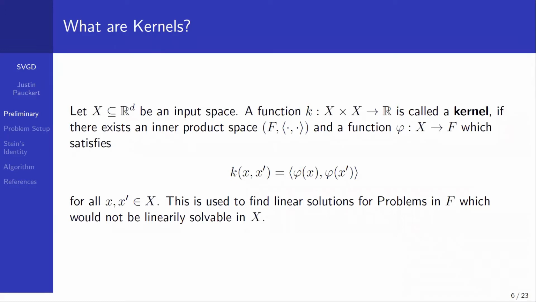Then there's simply one property that this function has to have to call it a kernel, which is that there actually exists another space, usually called feature space, in which we can express our kernel function as the inner product of these vectors, right? And more often than not, the function that turns the points into the feature space doesn't even matter and is often not even known.